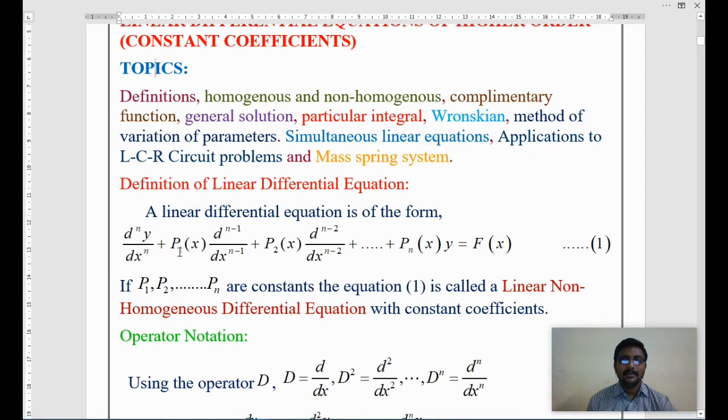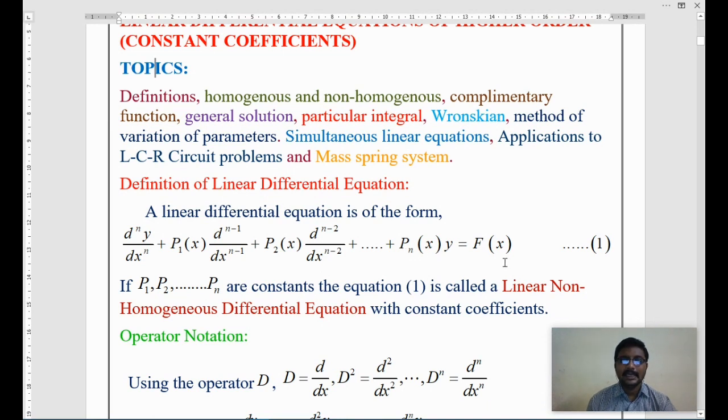So this is the form of linear differential equation of nth order with constant coefficients, where P1, P2, P3 and so on Pn are real constants. And the differential equation is d^n y/dx^n + P1 d^(n-1) y/dx^(n-1) + P2 d^(n-2) y/dx^(n-2) + and so on + Pn y = f(x).